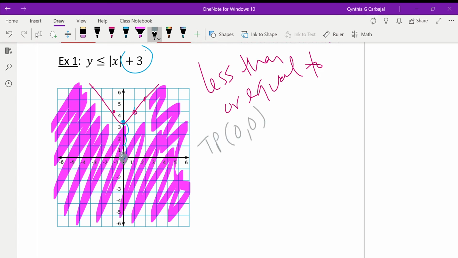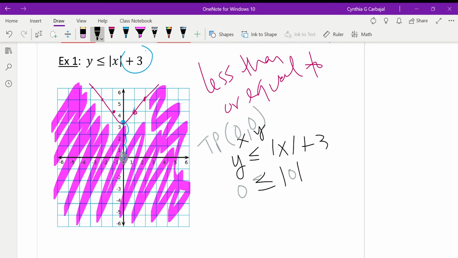What I'm going to do with this point, I'm going to get this inequality, and in place of x, I'm going to put a 0, and in place of y, I'm going to substitute a 0. So here I'm going to have 0 is less than or equal to the absolute value of 0, plus 3, because we're using the same test point. And then I'm going to see if it makes it true.